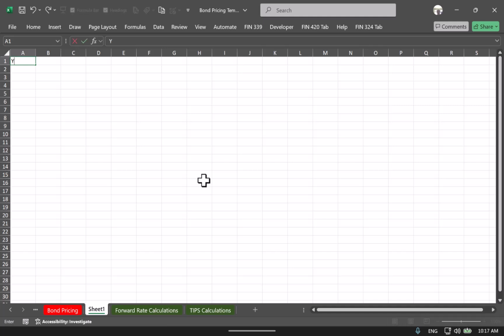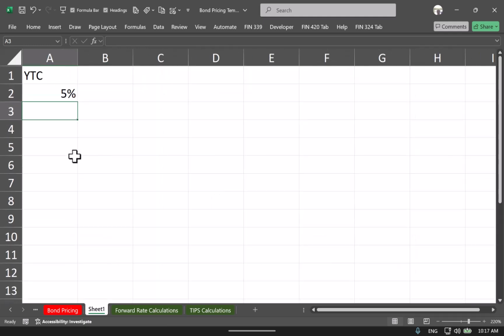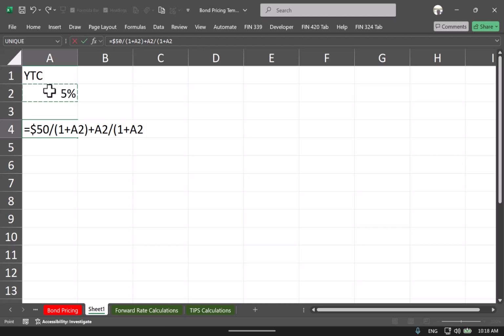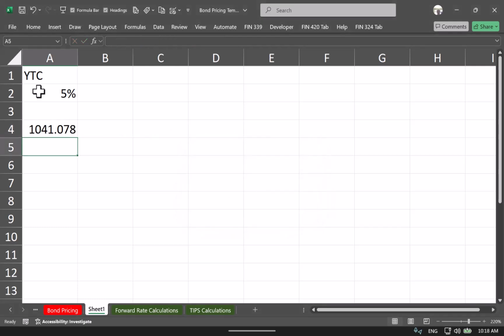So let's put a number here. For now, I'm going to put 5%. Let's make that big. And the value would be 50 divided by 1 plus that, plus 50 divided by 1 plus that squared, plus 1150 divided by 1 plus that cubed.